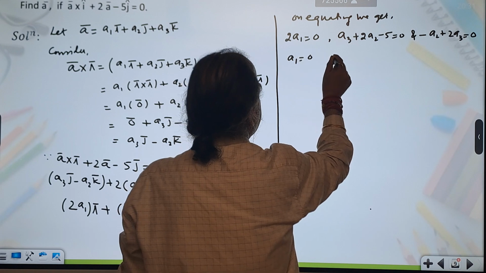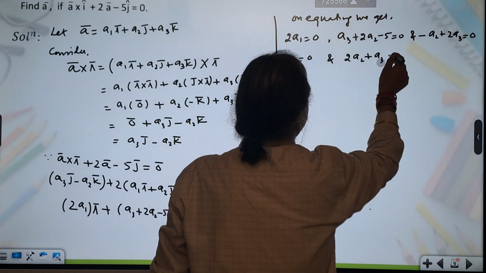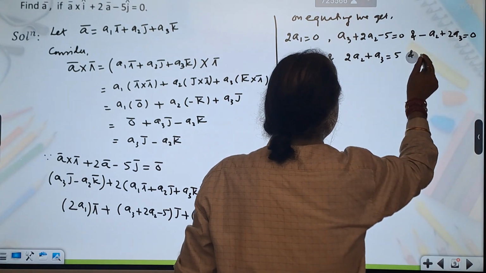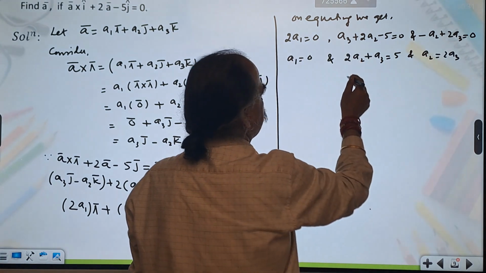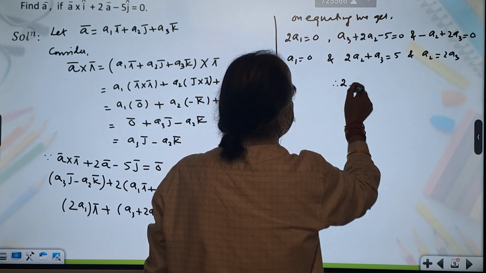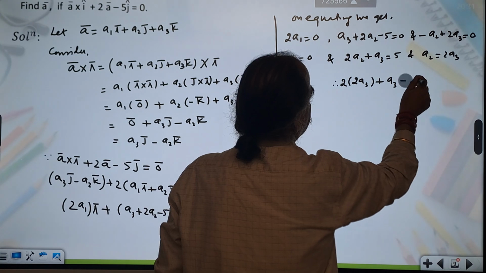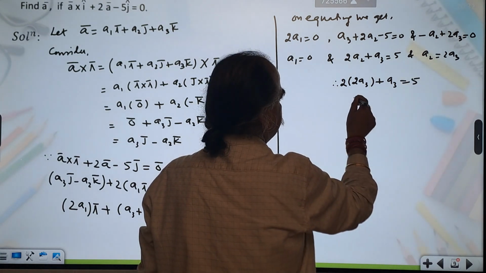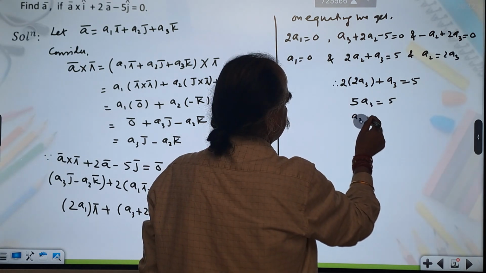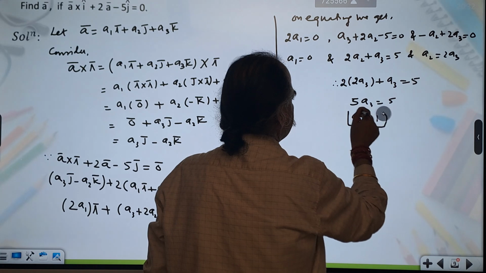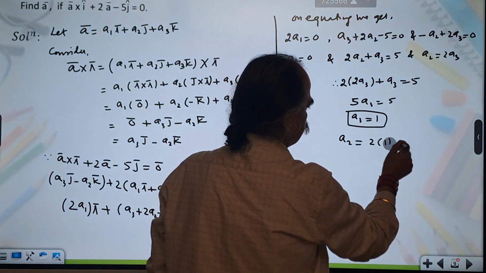So a1 becomes 0, and 2a2 plus a3 is equal to 5, and a2 is 2a3. Now replace a2 by 2a3. So 2 into 2a3 plus a3, 4a3 plus a3, 5a3 is 5. So a3 will be 1. a3 is 1, a2 will be 2 into 1 is equal to 2.